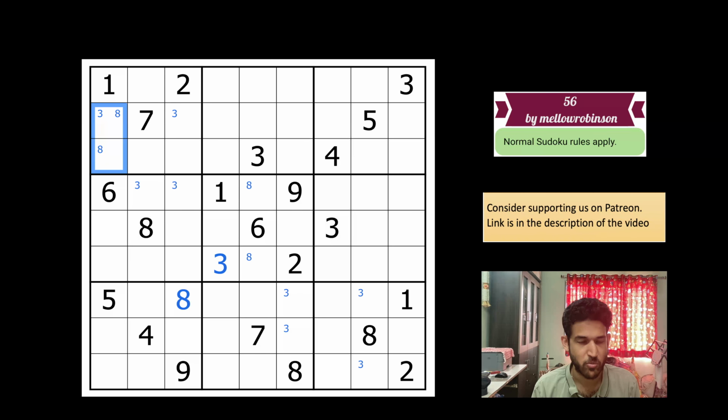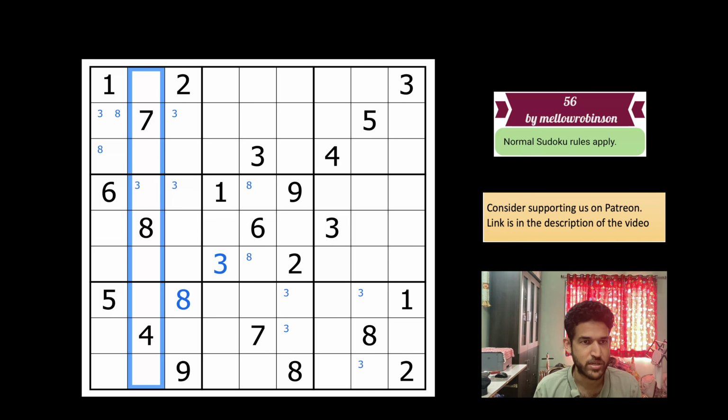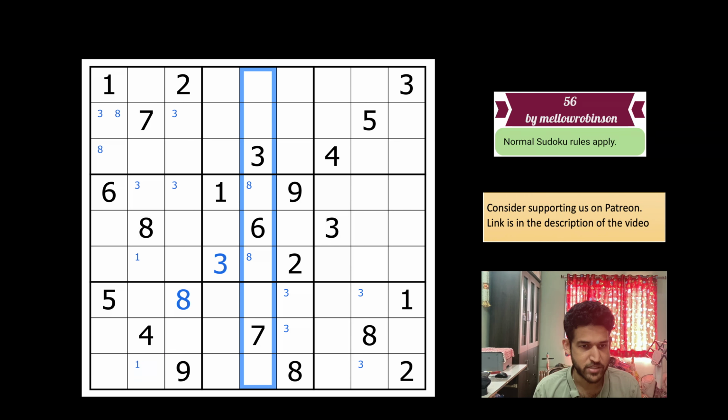Right, now let's look at 1s. So the 1 has an interesting logic going on about it. Let us look at this column first and try to understand what is happening. 1 in column 2 has two options, can be here or here, right? And 1 in column 5, if you look carefully, has to be here or here, just these two cells.